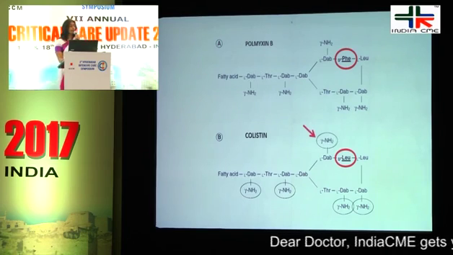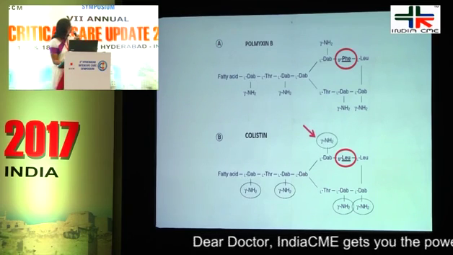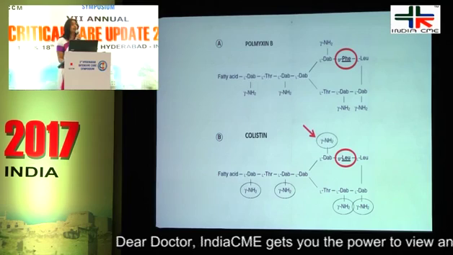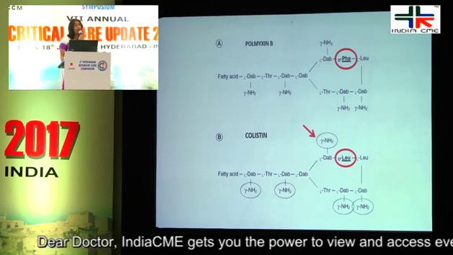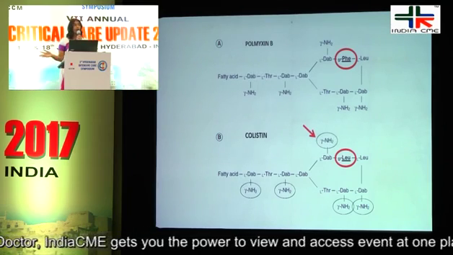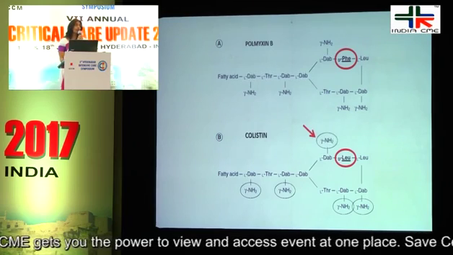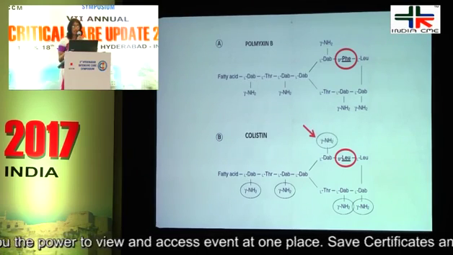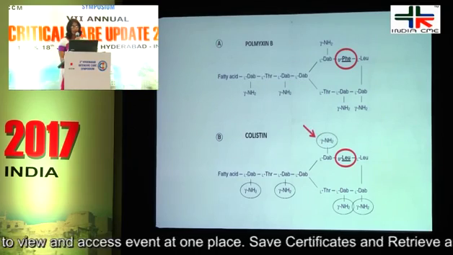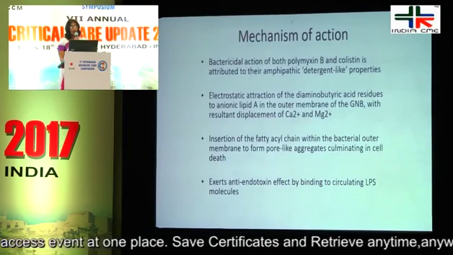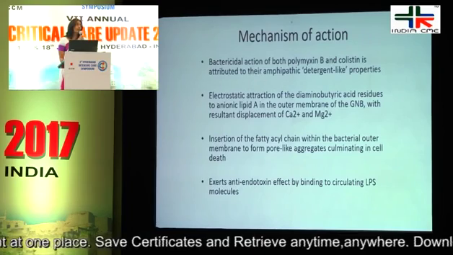There's another interesting structure that we have to note: the gamma diaminobutyric acid residues, or the DABs. Why these are interesting is, as the earlier speaker mentioned, that colistin has a detergent-like action. It disrupts the outer cell membrane. These diaminobutyric acid residues are responsible for that disruption.